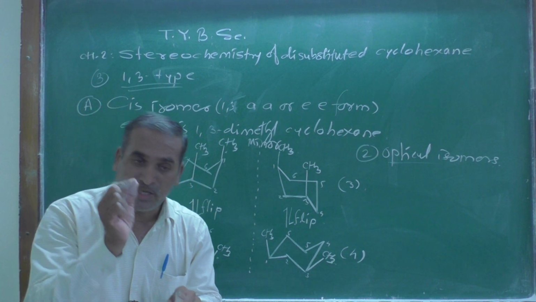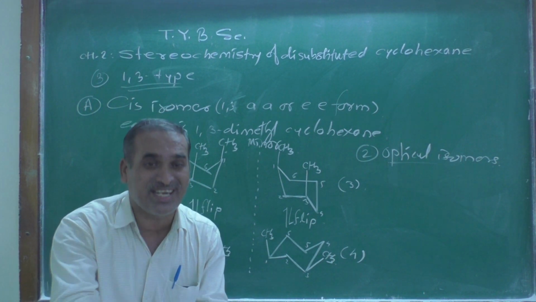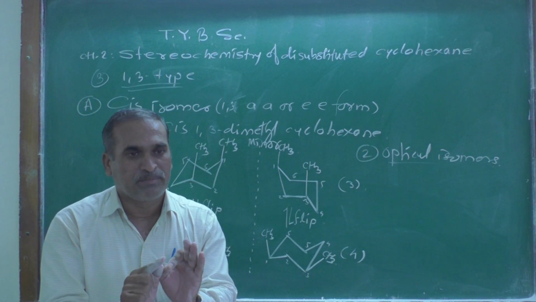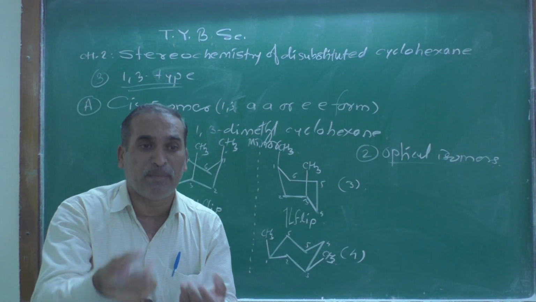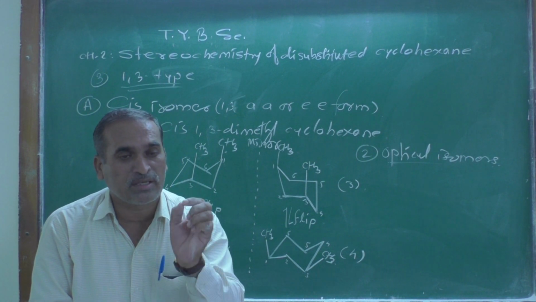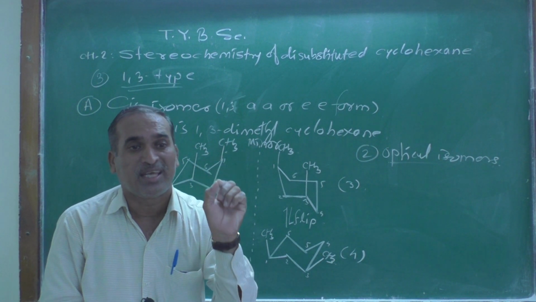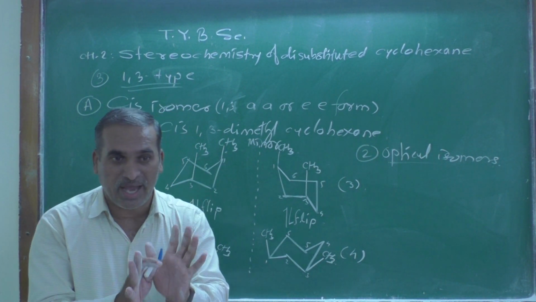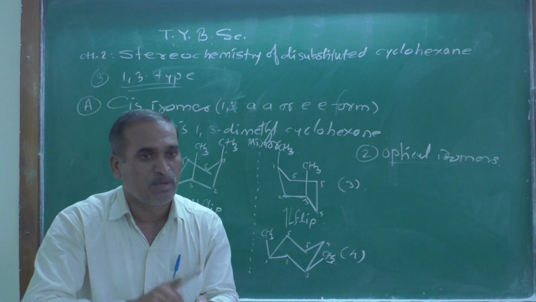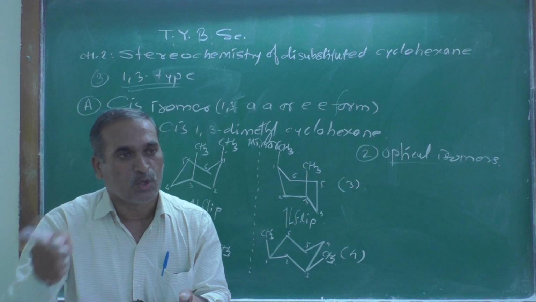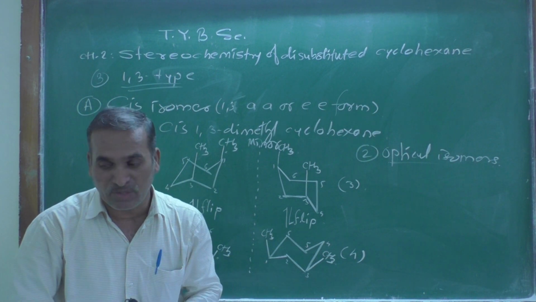If it is present, that compound is optically inactive in nature. If this structure has no element of symmetry, that isomer is optically active. Remember: if a plane of symmetry is present, the molecule is optically inactive. No plane of symmetry, the molecule is optically active in nature.